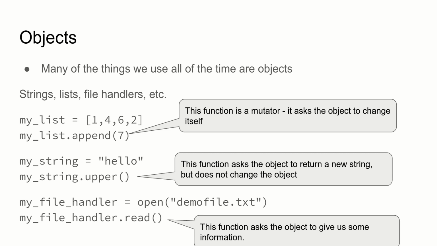So that tells it, append, oh, what am I appending to? I'm appending to my list. We don't have to provide it as a parameter to append because we've called append from that list object. And the same for mystring.upper. It's not confused about who it's uppercasing because we've called it using mystring. Mystring is the object in question there, and so on for the file handler.